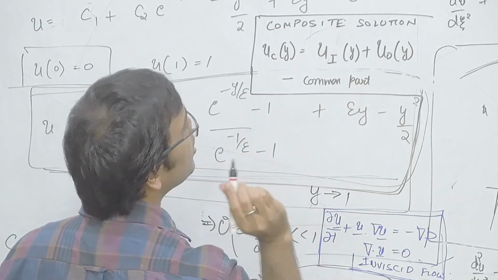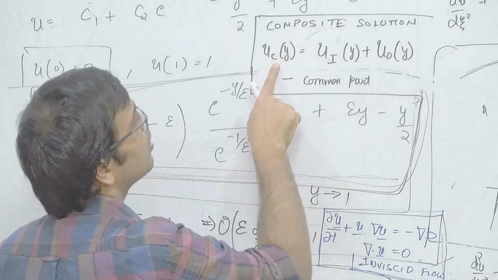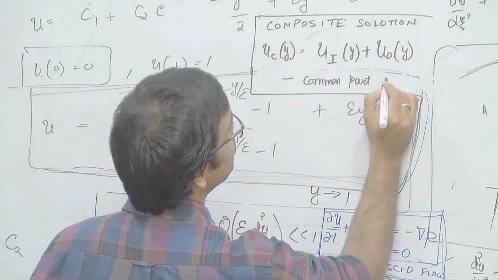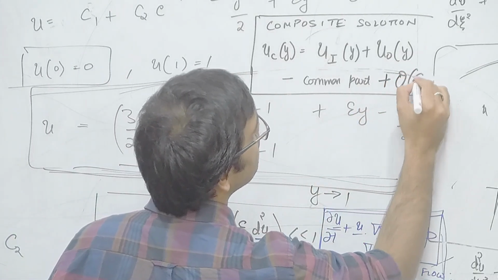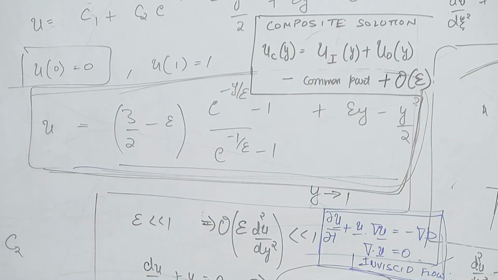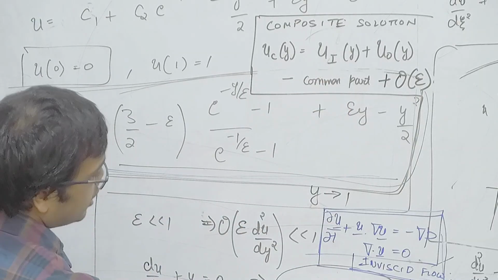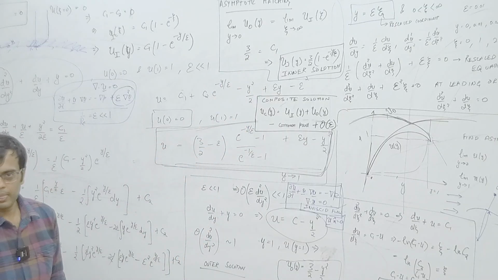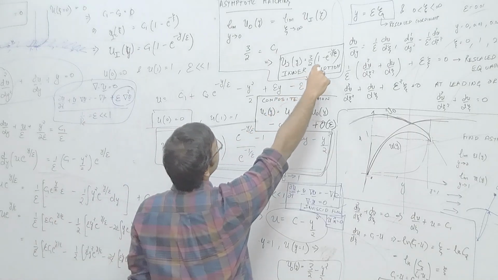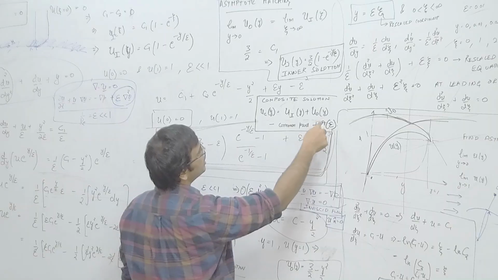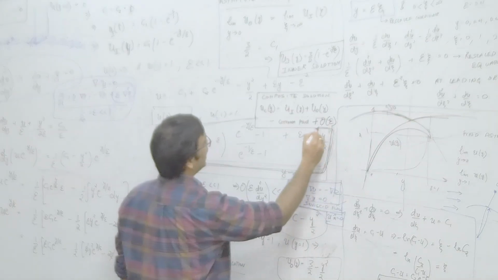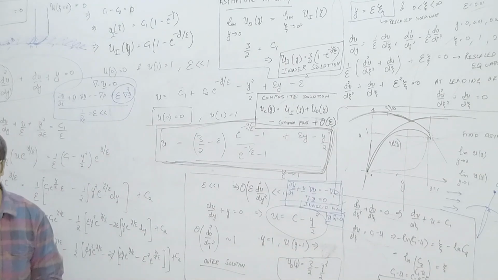And just to remind ourselves that this is not equal to the analytical solution, this is an approximation of the analytical solution, we have to notice that there will be order epsilon corrections in this solution. So the common part here will be 3 by 2. The common part is that asymptotic matching limit, which will be 3 by 2. So what you will do is add these two minus 3 by 2, and that is your approximation to the solution at leading order. That is not the full solution.